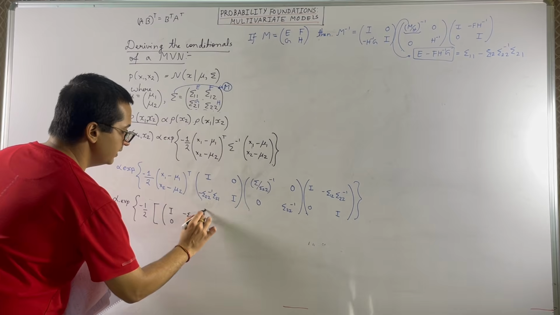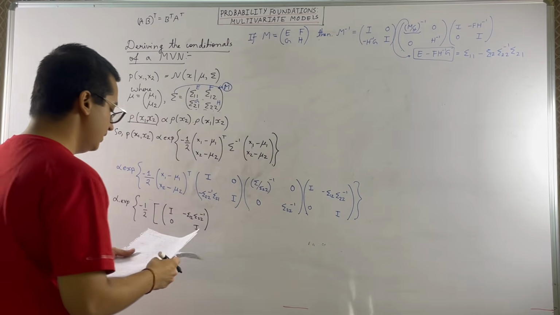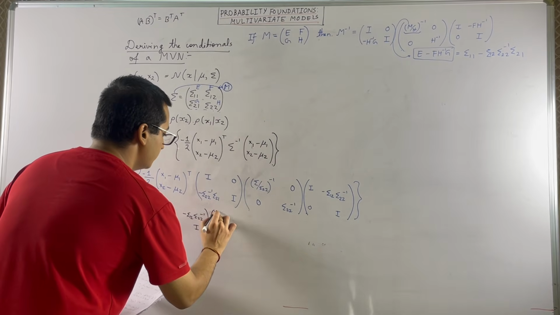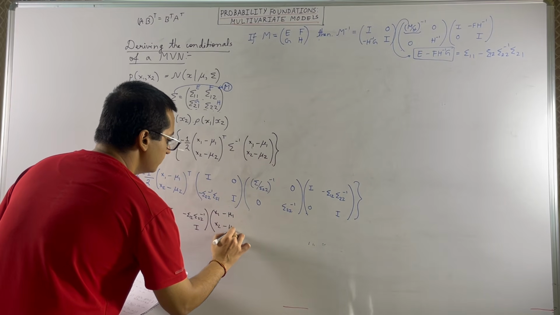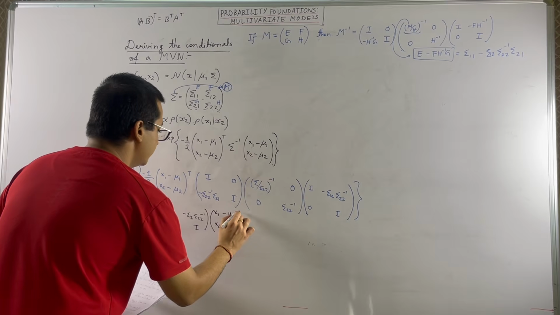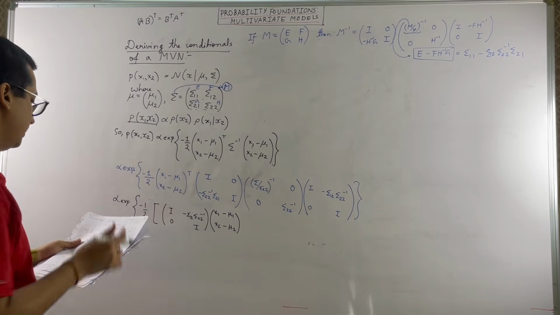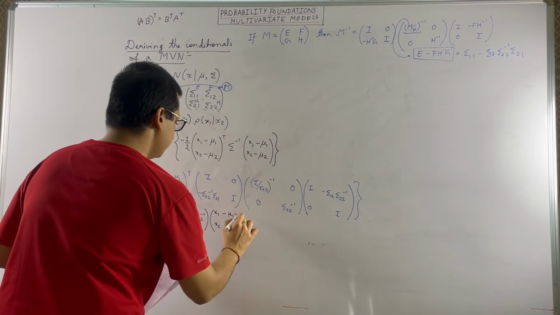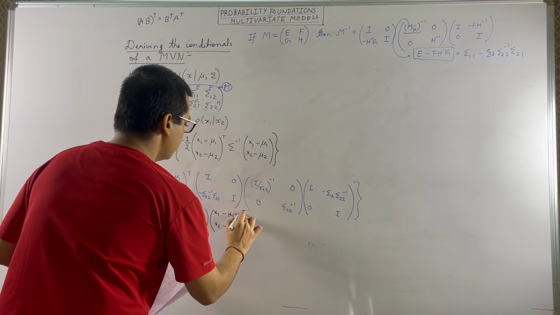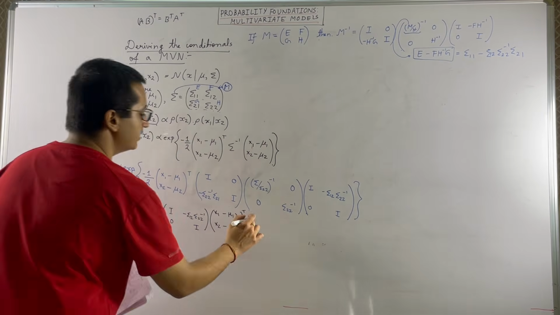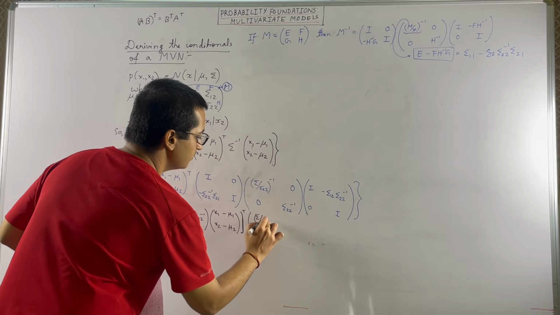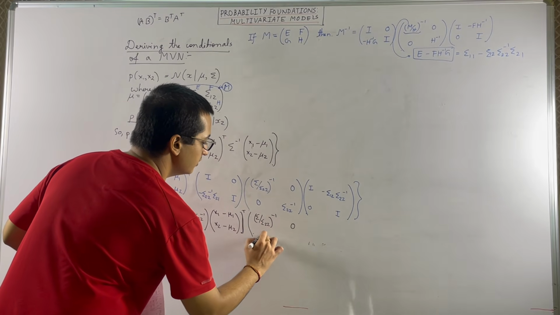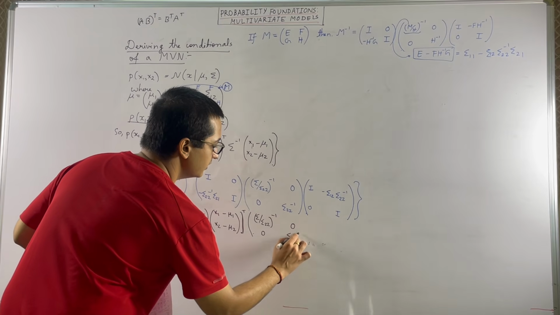Okay, so you bring this thing here, and then you have x1 minus mu1, x2 minus mu2, and then you take the whole transpose of this part, times this term, sigma 1 1 minus sigma 1 2 sigma 2 2 inverse sigma 2 1, 0, 0, sigma 2 2 inverse.